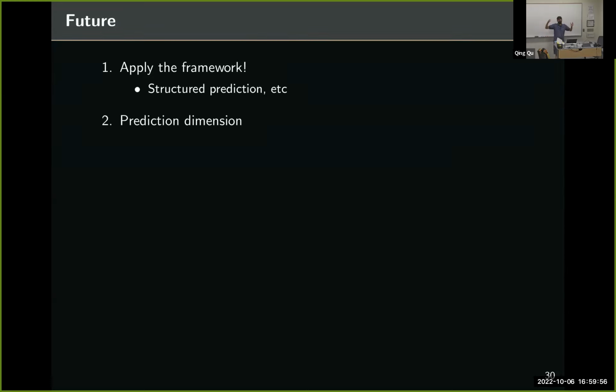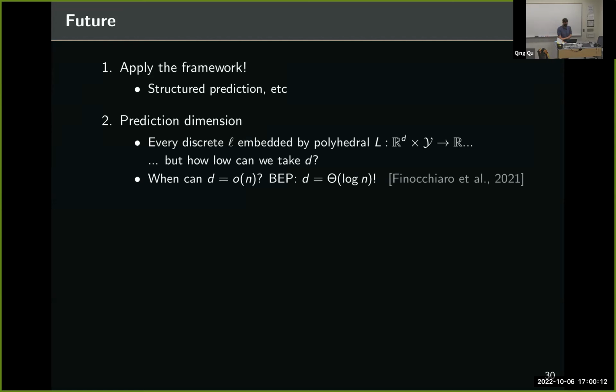It's the same for this last example that we saw. Think about the number of pixels, and then 2 to that is the number of possible segmentations. You don't want something linear in that space. So how low can we go? When can we get log n?